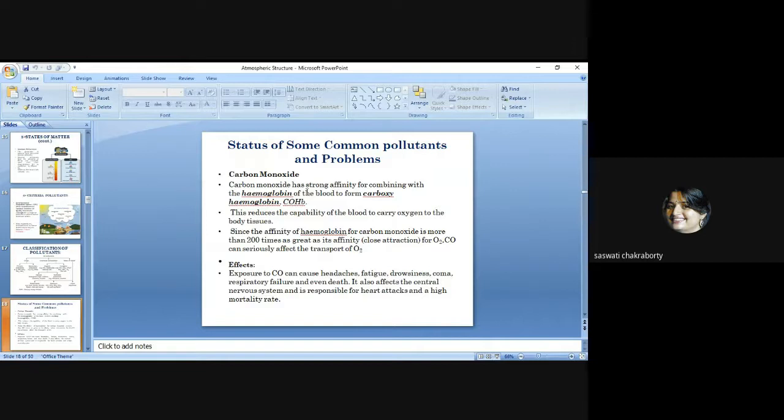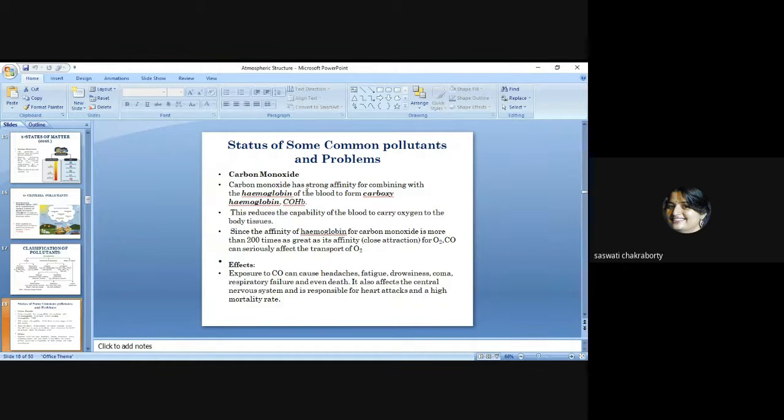And so the blood that was supposed to carry oxygen to the body tissues fails to do its purpose. As a result, it affects the individual, causing respiratory failure and even death.